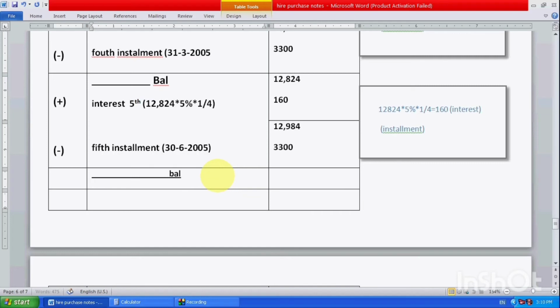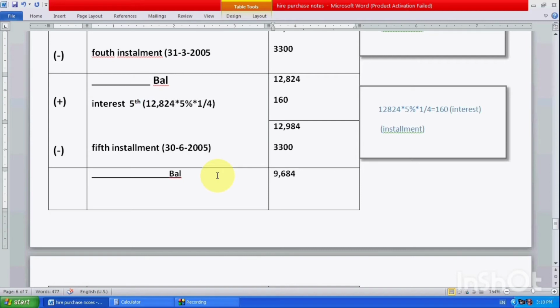So after deducting 3,300 from 12,984, we are getting 9,684.